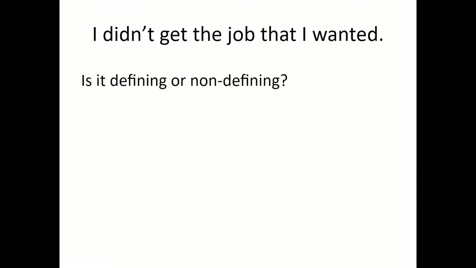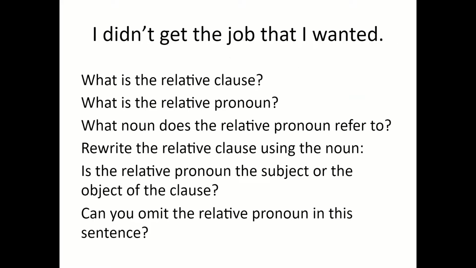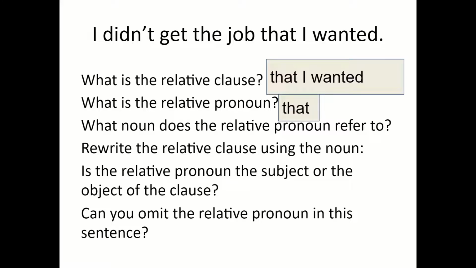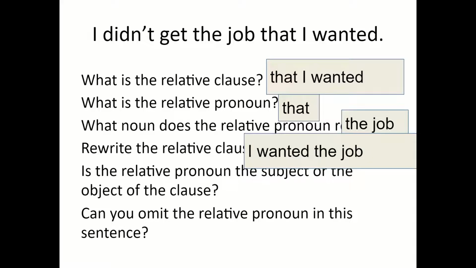Okay, here's another example. I didn't get the job that I wanted. It's defining. So the relative clause, that I wanted, relative pronoun is that. That is referring to the job. So it's I wanted the job would be the rewritten relative clause. We can see here that the job is in the object position in this phrase.